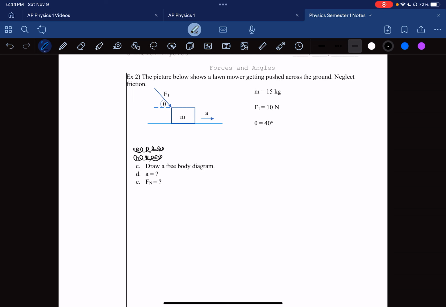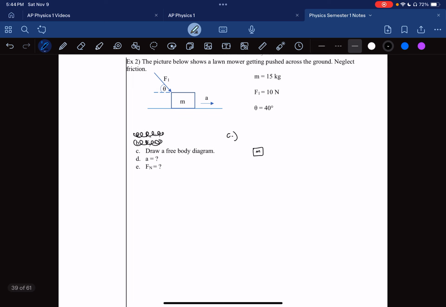So let's draw a free body diagram for this one. Here is the box, or I'm sorry, the lawnmower. Gravitational force, mg. Now the ground is pushing back up on it with a normal force Fn. And let's not forget about this F1 force.